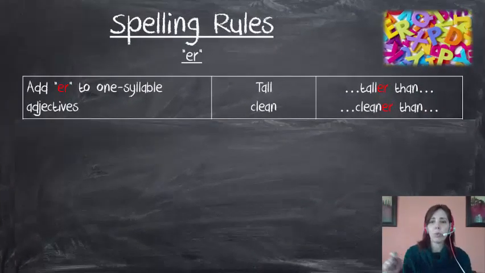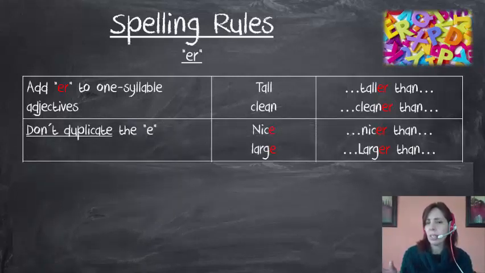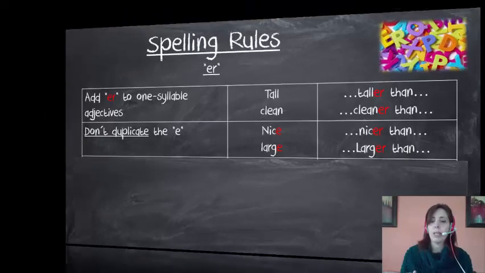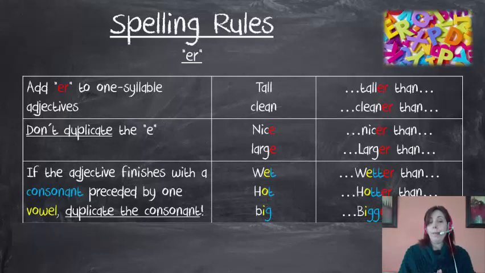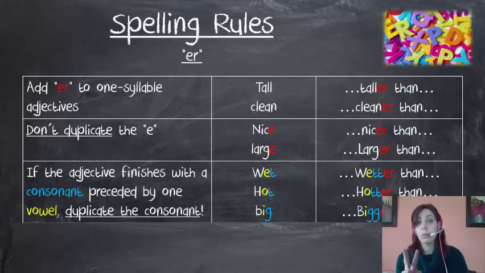Now, the spelling rules. When you add er to a one-syllable adjective such as tall, you simply add er, that's it. But if the adjective finishes with an e, you don't duplicate the e. You write nicer and just the r. Now, what happens when the adjective finishes with a consonant preceded by one vowel? You double the consonant.